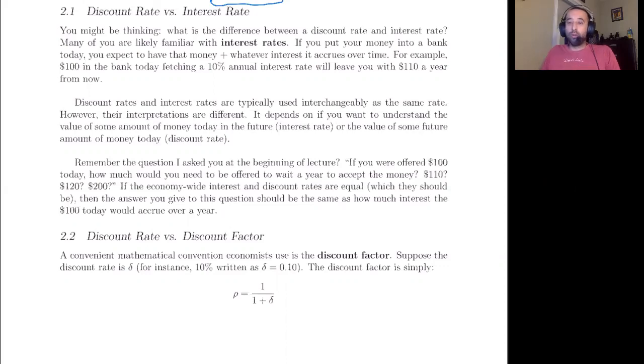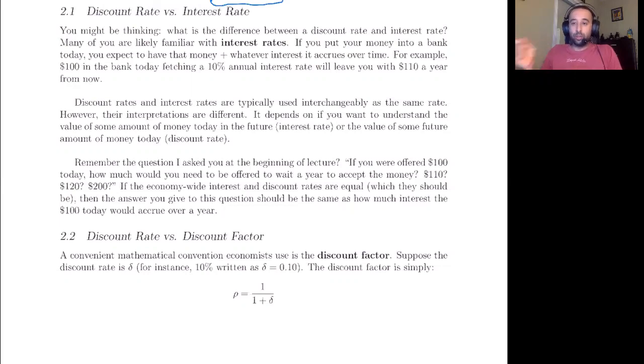If I give you $100 today, and I want you to tell me how much that $100 is worth a year from now, you would say, well, it accrues this much interest, so I have $100 plus whatever interest I accrue. But in the case of a discount rate, it's more like saying, I'm giving you $100 a year from now. What is that amount of money worth in today's terms? It's worth less than $100, because whatever I put into the bank today will accrue interest, and I want to end up with $100 a year from now.